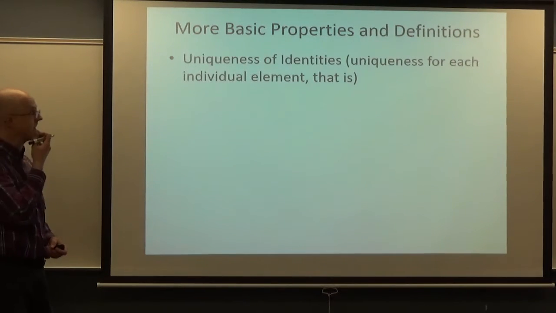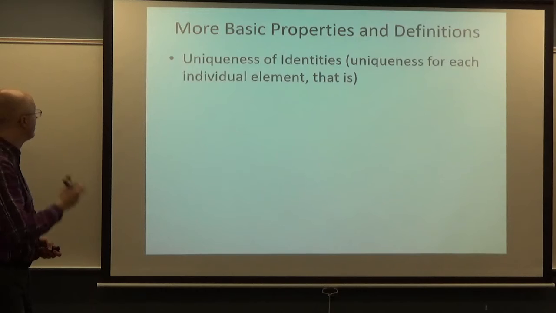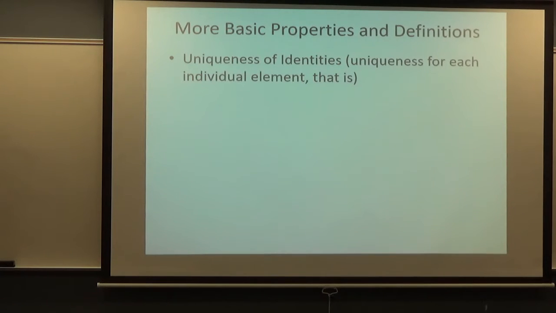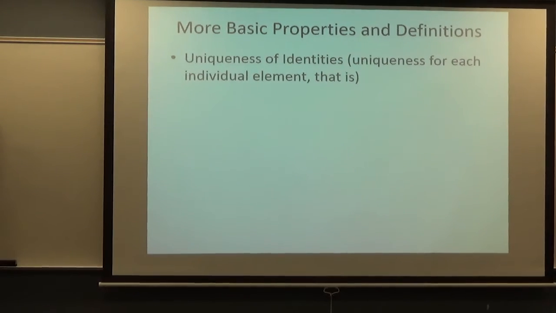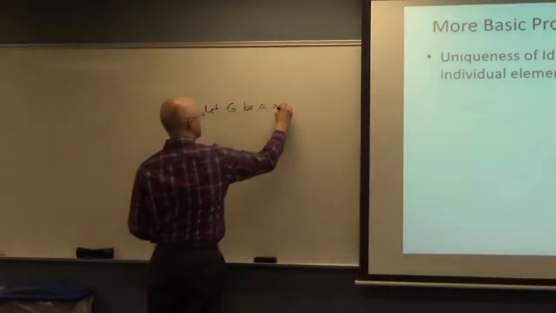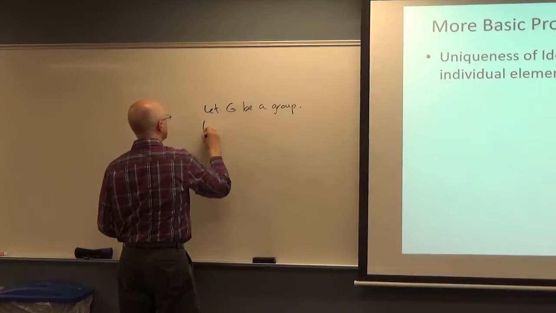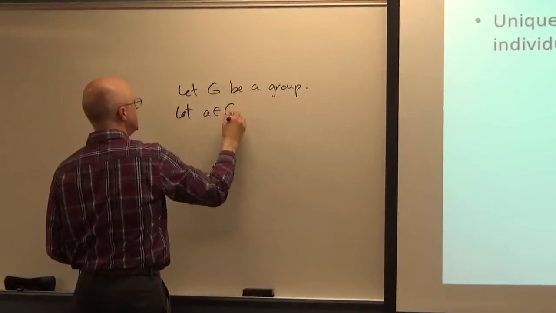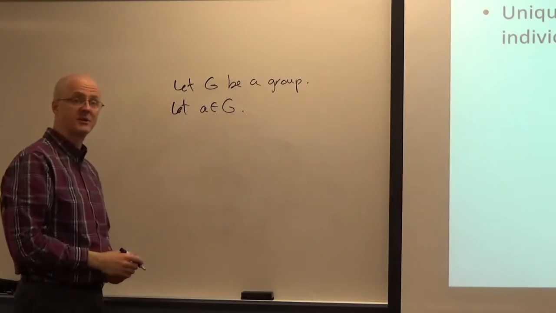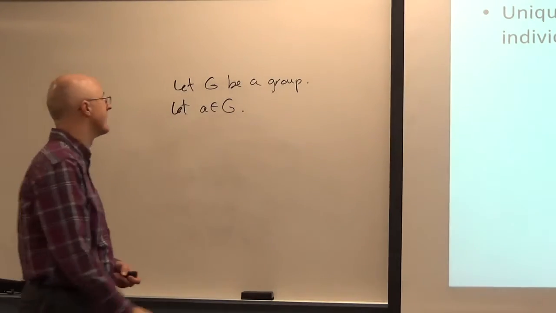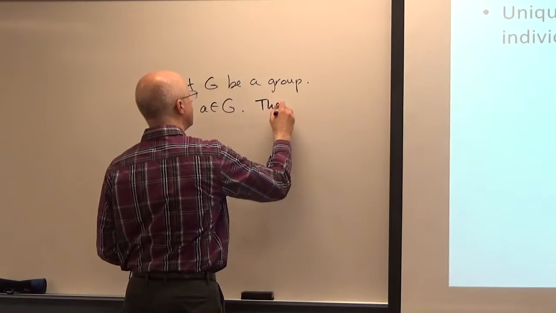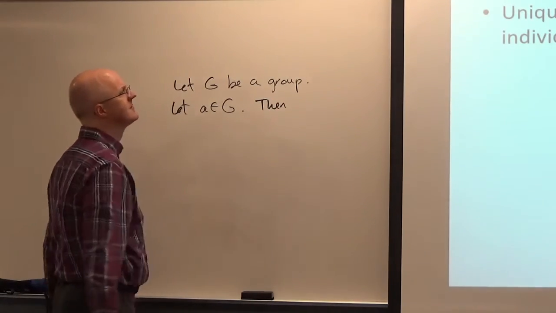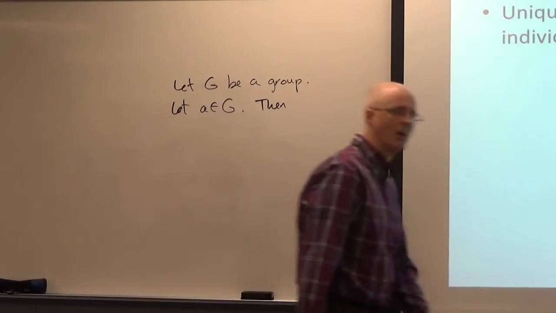Uniqueness of identities. Let G be a group. Let A be in G. A is an arbitrary element of G. Then, oh, typo, sorry.